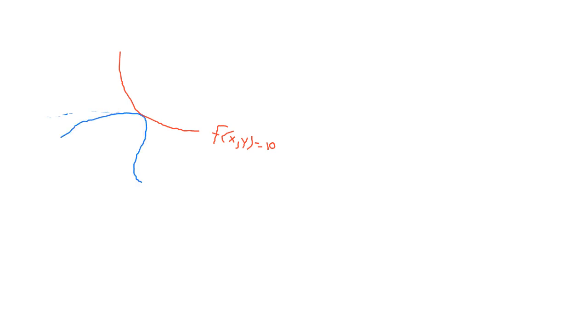There's the blue dot. This is g of xy equals k. That's our constraint.